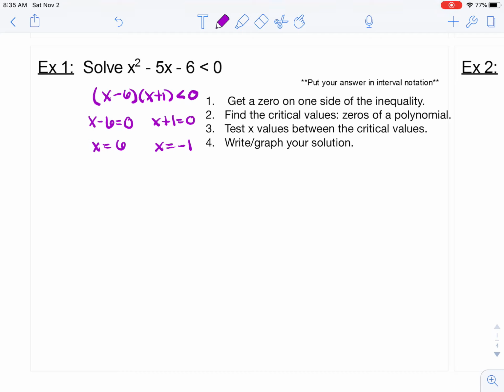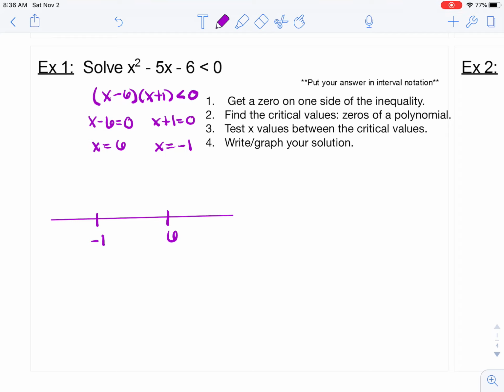So what we're going to do is test x values between these critical values. So I'm going to essentially make a number line. I'm going to put negative 1 on the number line and 6. Again, these critical values are where the graph may be positive and then it will flip to negative after negative 1, and the same thing with 6.